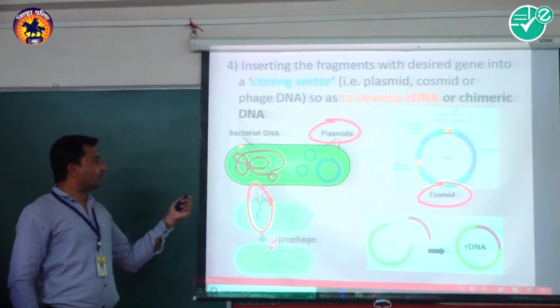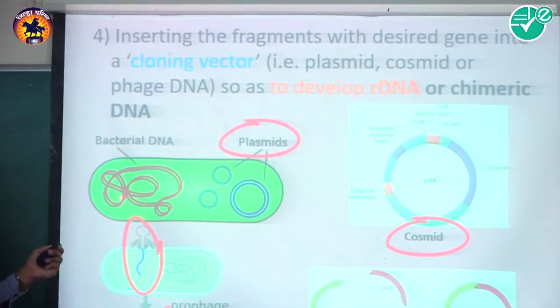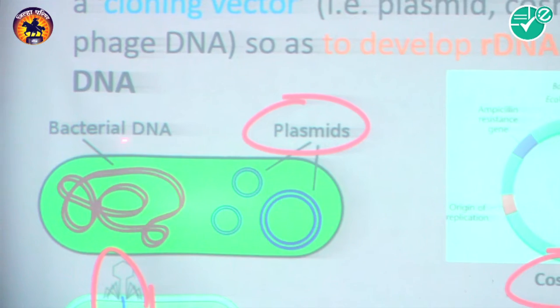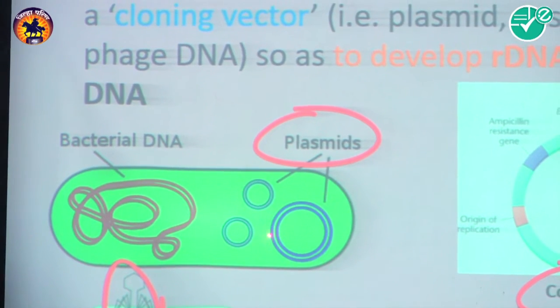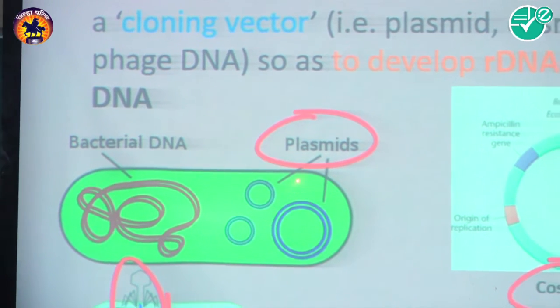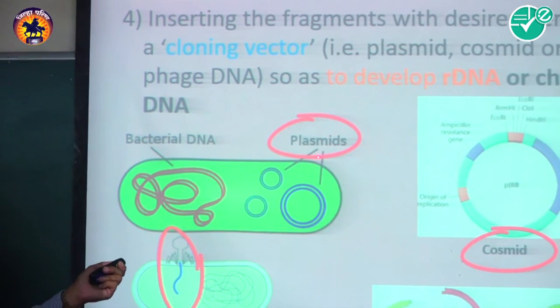This is a bacterium called Escherichia coli. It has its own DNA and one more extra molecule of DNA, and this is the vector plasmid.